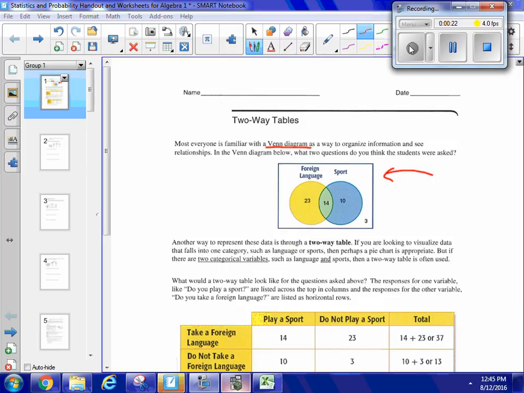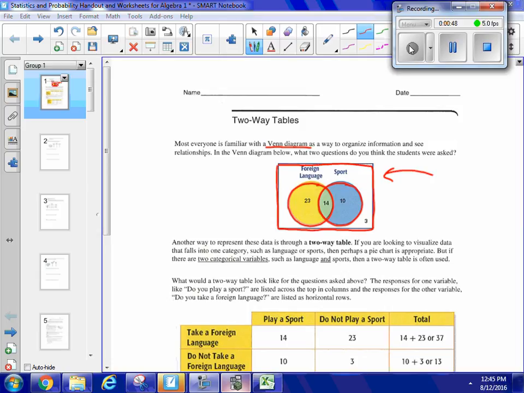Well, we're trying to find out how many students take a foreign language, how many students play a sport. And then this whole big box right here is the universe of the students that we are considering.